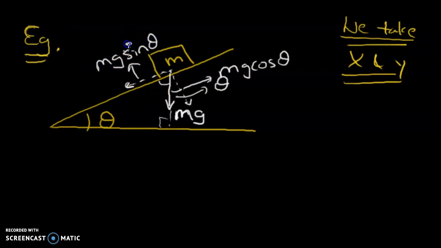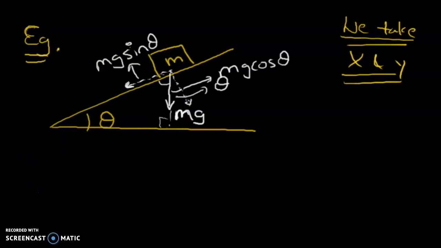I can break it into two perpendicular components. We can take any axis as the x axis and any axis as the y axis; it depends on us. I always take two perpendicular axes because this makes it easier to work.